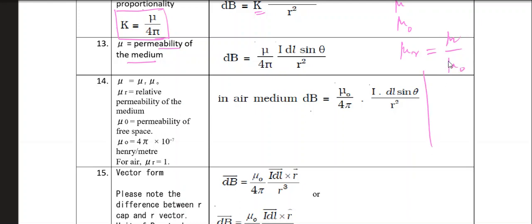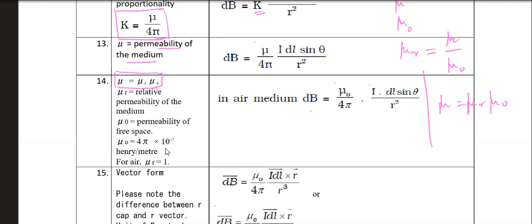Mu is the permeability of a certain medium, mu naught is the permeability through free space, and mu r is the relative permeability. Therefore, mu is nothing but mu r into mu naught.